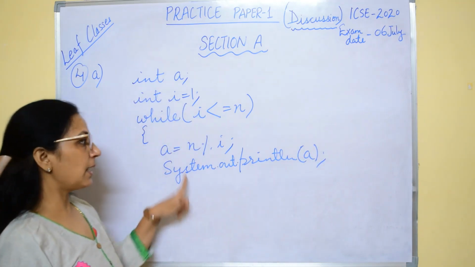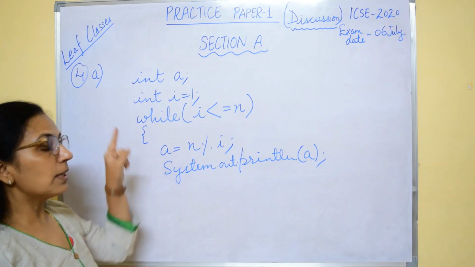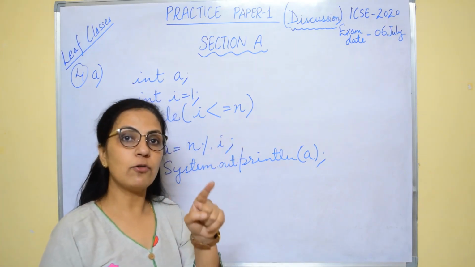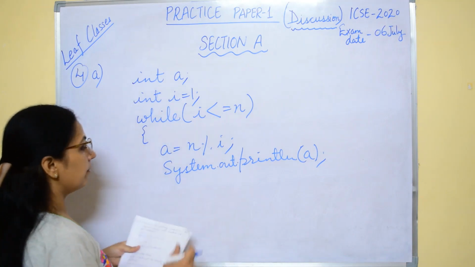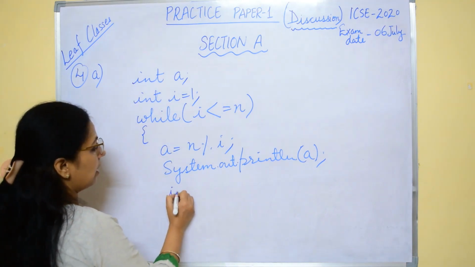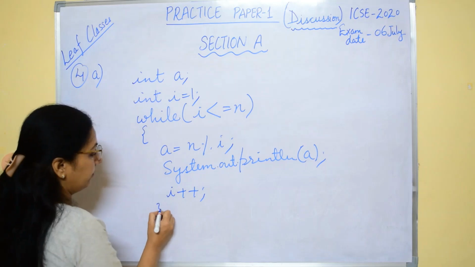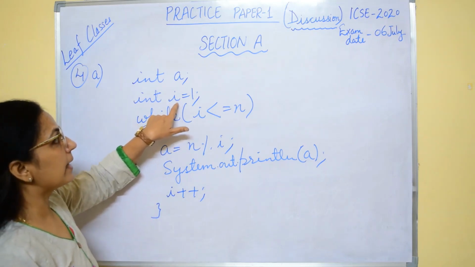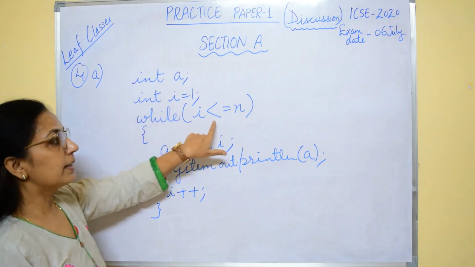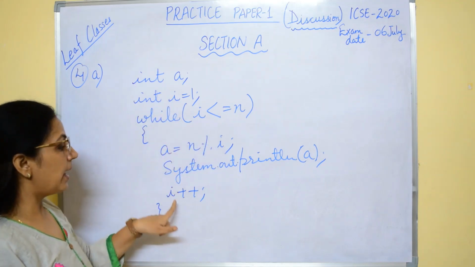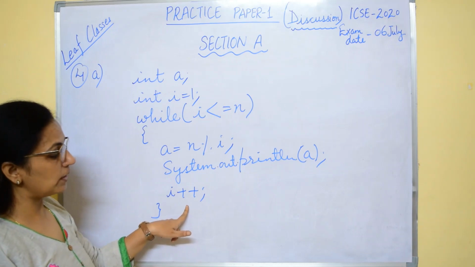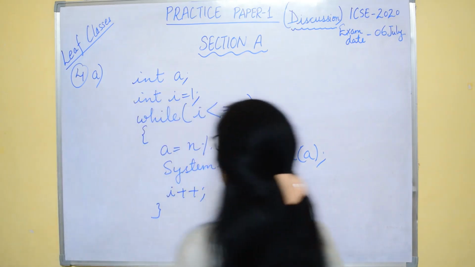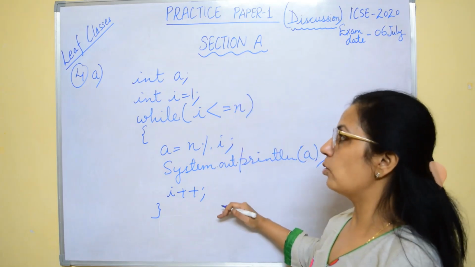Two statements were given, we wrote them. Now the third expression, that is the update expression of for, will be written before the closing of while. So the initialization of for is before while, the test condition is with while, and the update expression is before the closing of the while. So this is how you convert a for loop into a while loop.